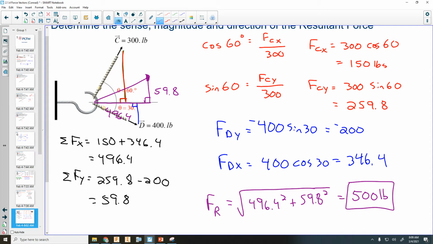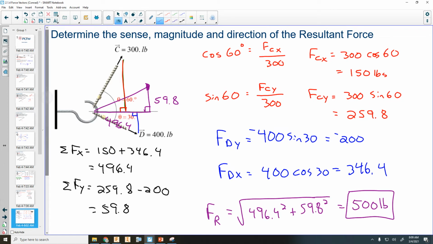And then what? Oh, what's the actual direction? We're also going to want to find this angle. So how do we find that angle? We can use any trig function we want because we know all three sides. Usually I use the tangent on it, but you wouldn't have to.